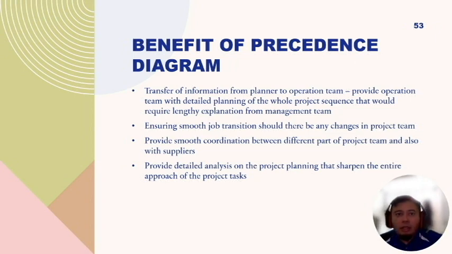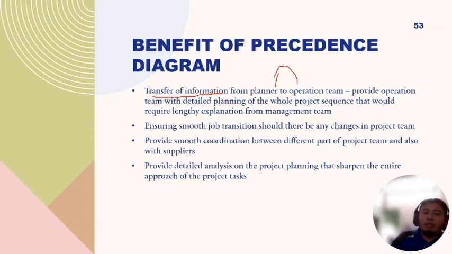Next is the benefit of the precedence diagram. We have talked a lot about the precedence diagram, so it is best that we discuss a little bit about the benefit of developing this diagram. Number one is the transfer of information. Planning, who does the scheduling, the duration of work, the cost, and the resource restraints for the project, can transfer the information to the operation team.